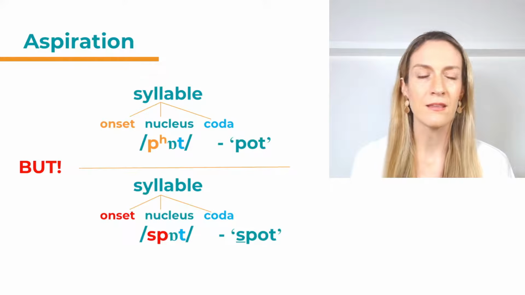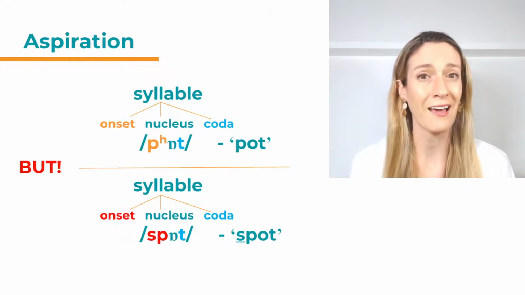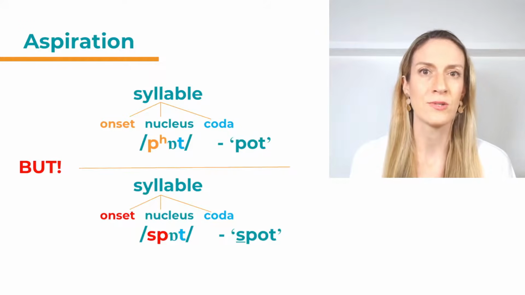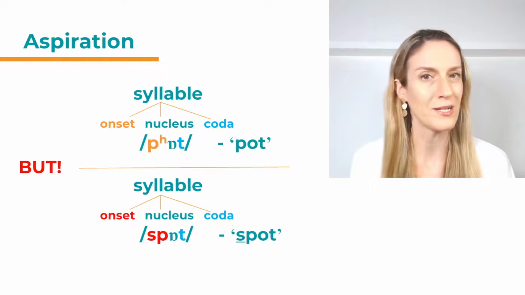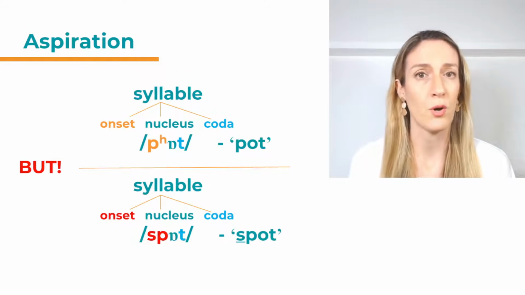So here the rule doesn't hold anymore because the rule said that the plosive p has to be the only consonant in the onset, the only sound in the onset. And the onset is always a consonant because the nucleus always is a vowel sound. So that is not the case in the word spot.